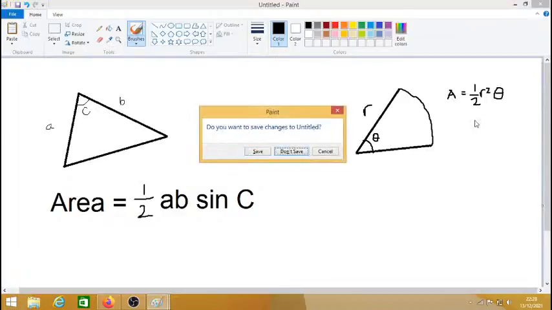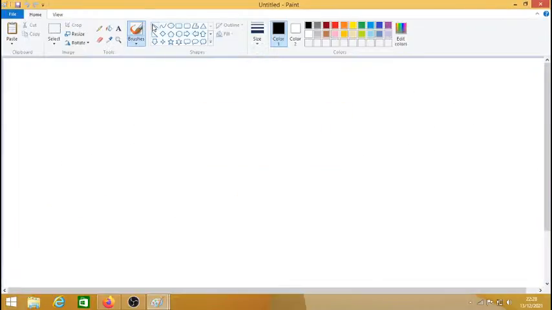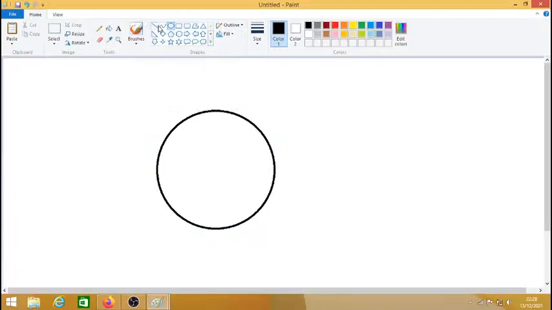So here what we've got is, let's start with the circle. Let's go from the radius and make a sector. And then what we'll do is we'll split that sector using a straight line from one edge to the other edge.